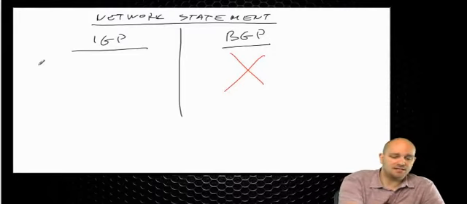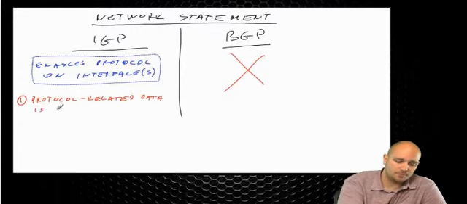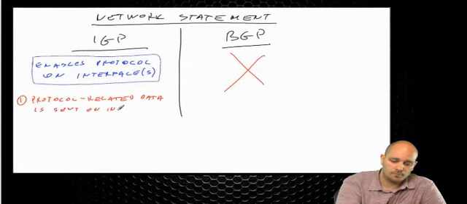Number one, protocol related data is going to be sent on interface. Protocol related data is received on interface.